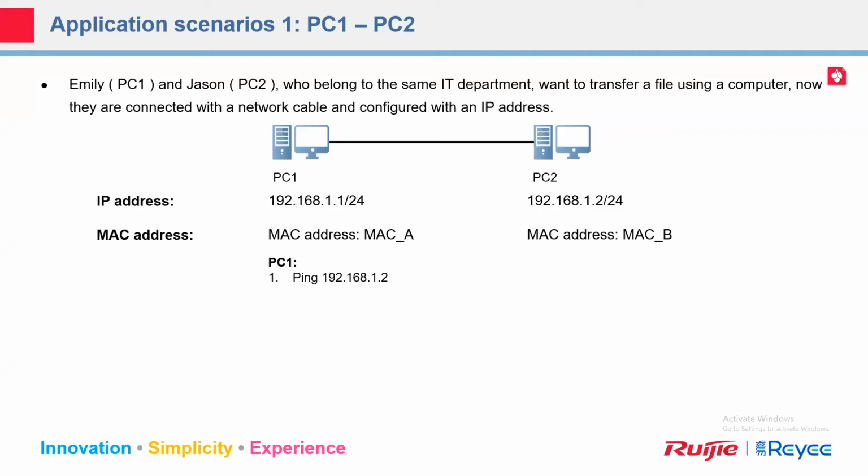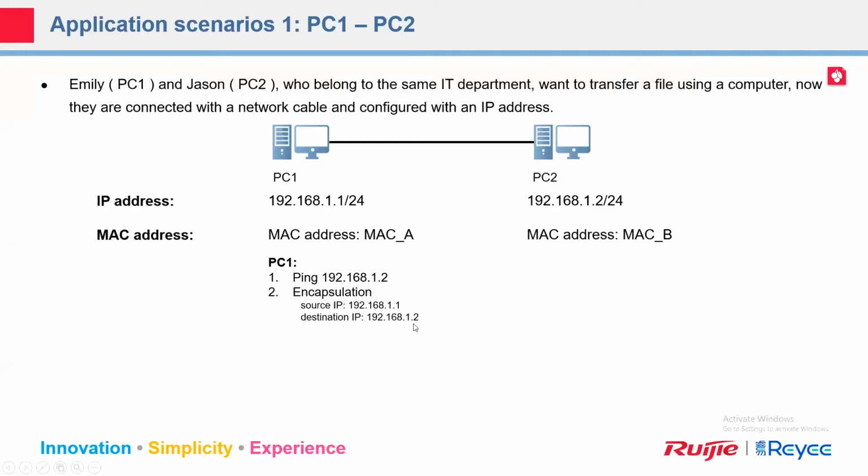We only focus on layer 3 and layer 2. PC1 adds the source IP address and the destination IP address. It's very easy to understand: because I used the tool on PC1, the source IP address is 1.1, and the destination IP address is PC2, so the address is 1.2.